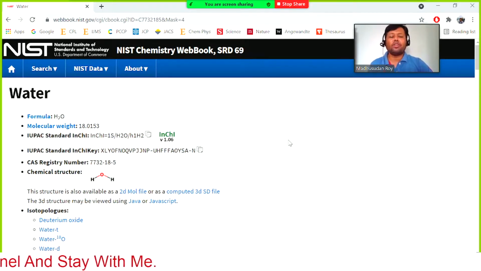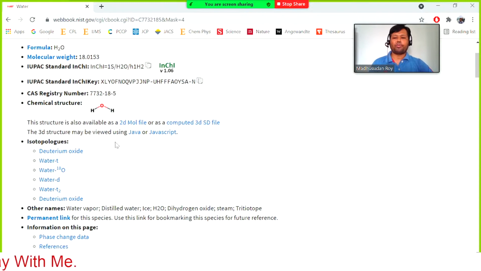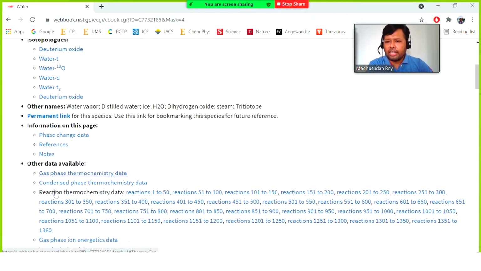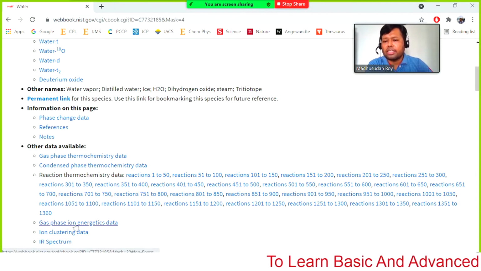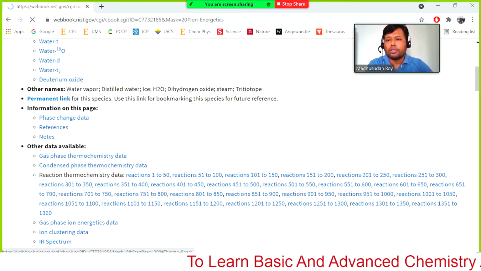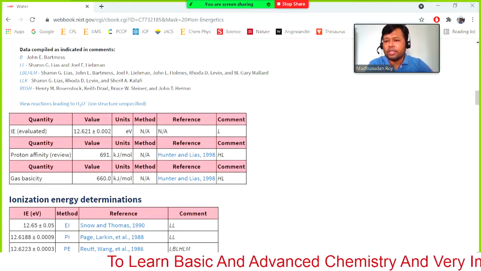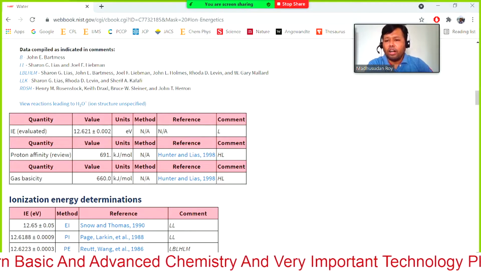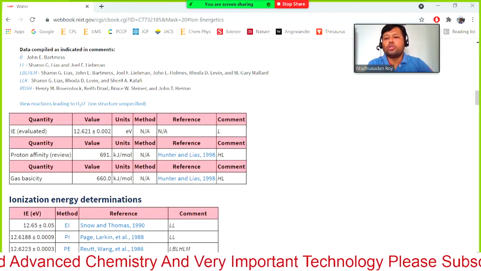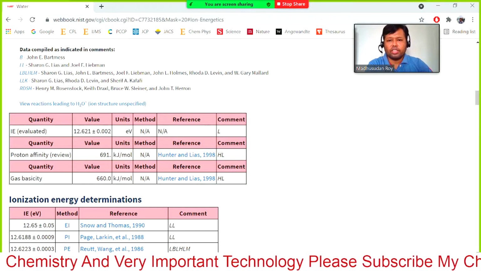So let's find out the ionization potential of water. We will get this category, gas phase thermochemistry data or ion energies data. Here you can see ionization energy evaluated, 12.621 electron volt.